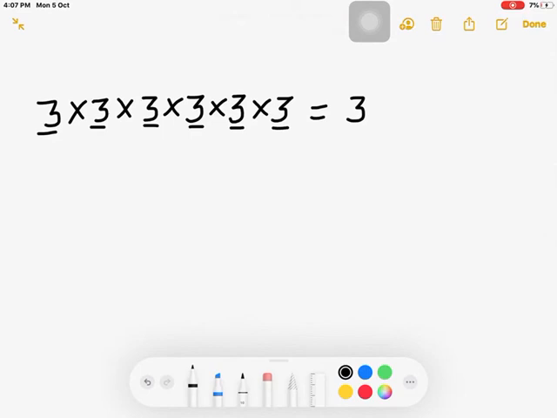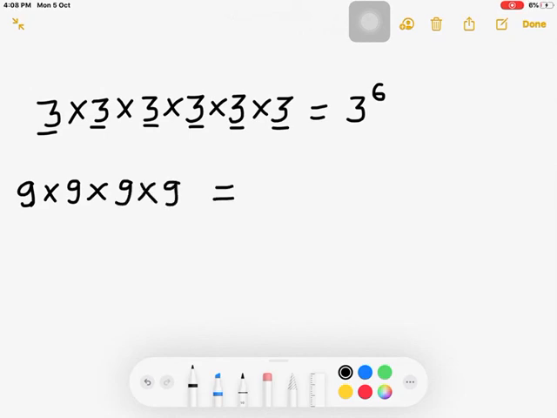Means 6 is the power. 6 is the exponent, or you can say 6 is the index here. 3 power 6.